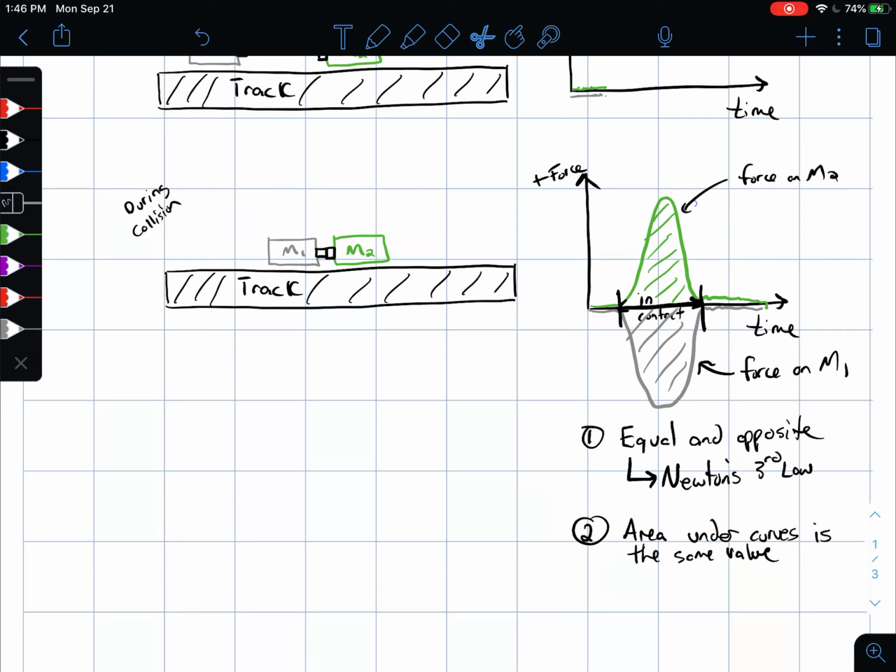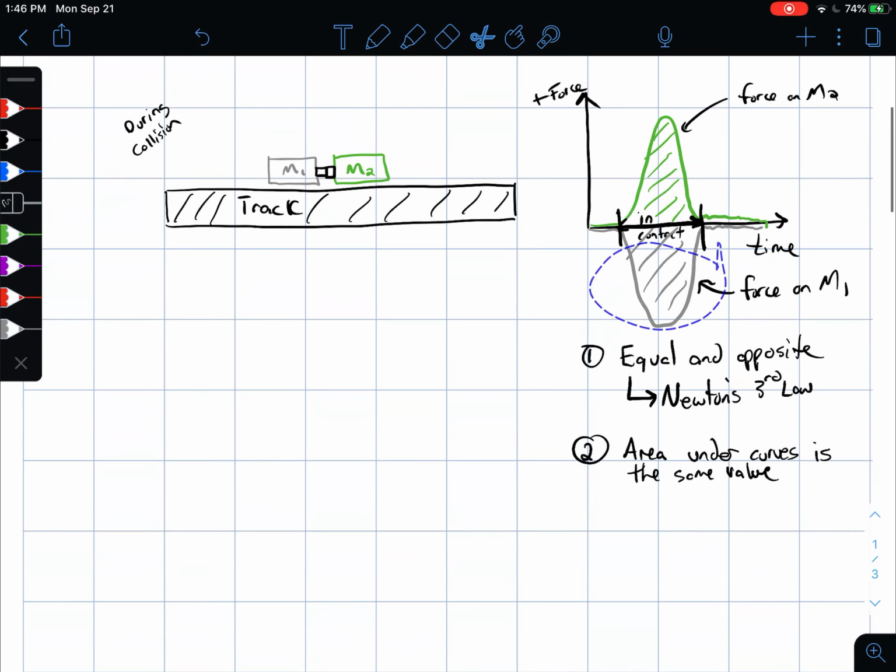What we are seeing here is exactly the description of that during the time these carts were in contact. So let me say that again. The area under this curve is telling us how much momentum was given to cart M2 during this collision.